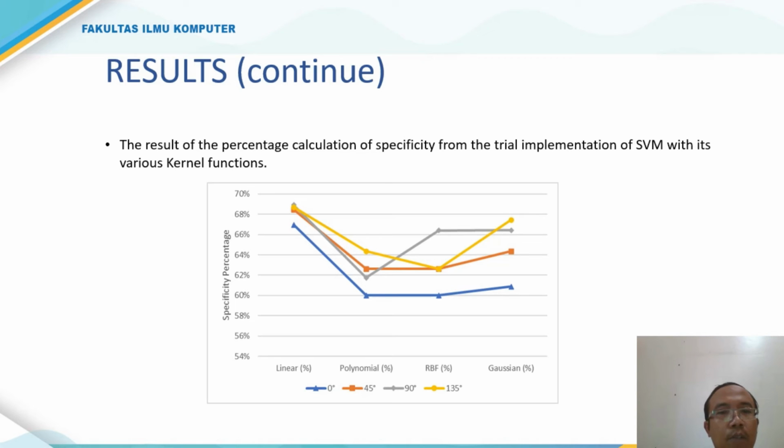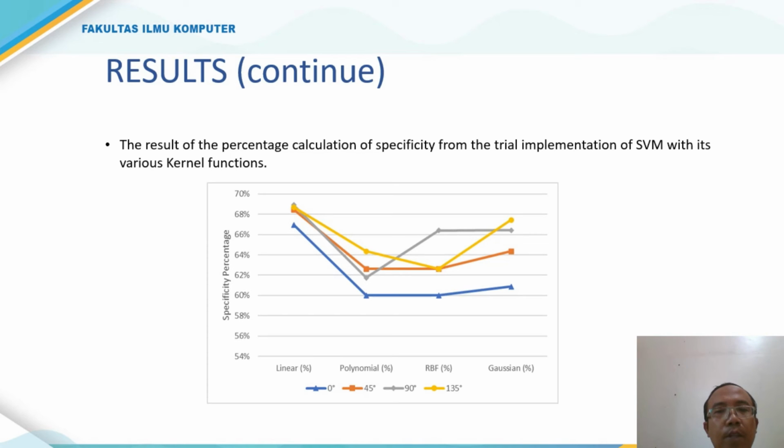Based on the figure, it can be seen that the specificity value tends to be higher for linear kernels in all directions, while the values for the polynomial kernel tend to be lower than other kernels.